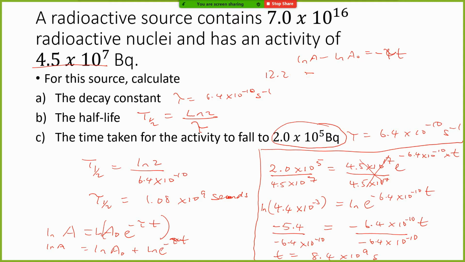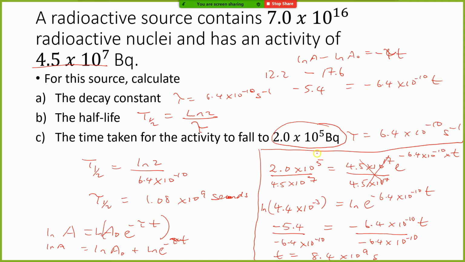So ln of 4.5 e to the 7 gives me 17.6. Let's find the difference there. 12.2 minus 17.6, I got minus 5.4, which is now equal to minus 6.4 times 10 to the minus 10 t, right?